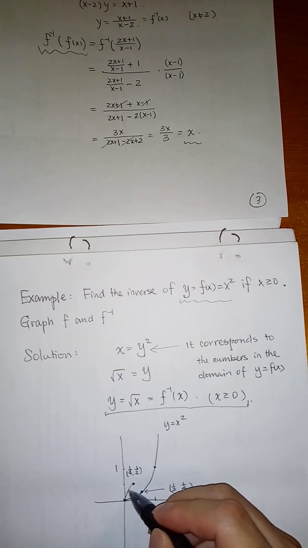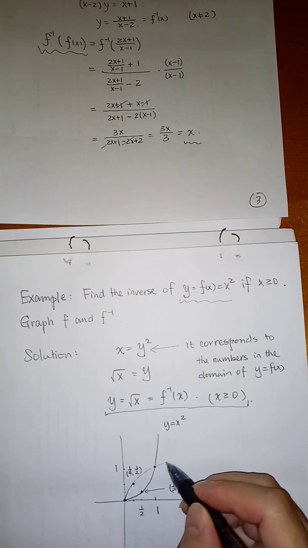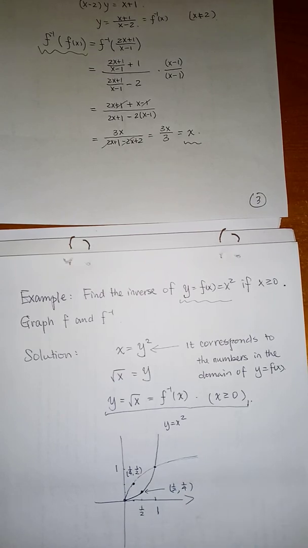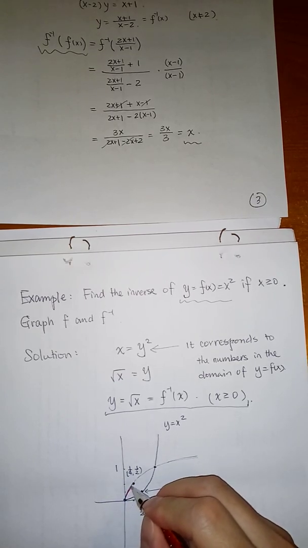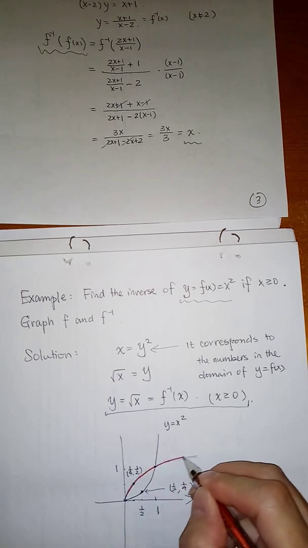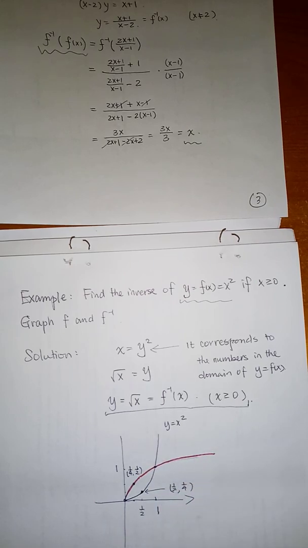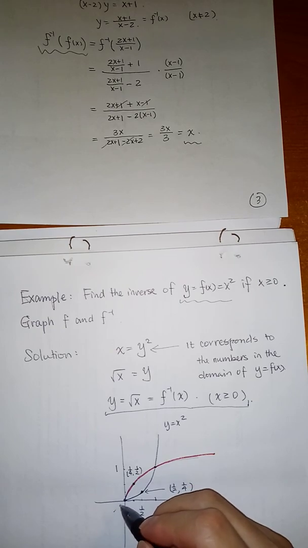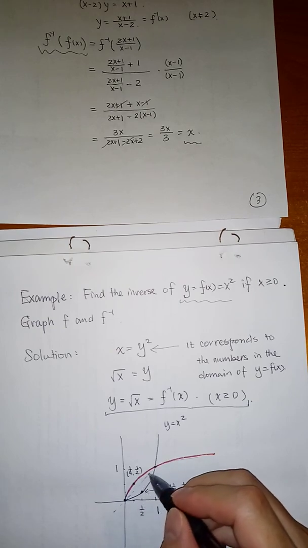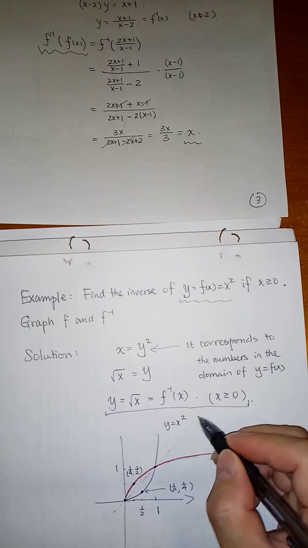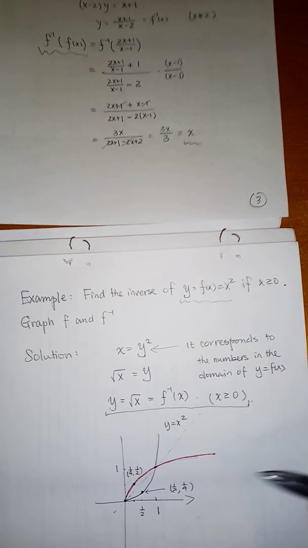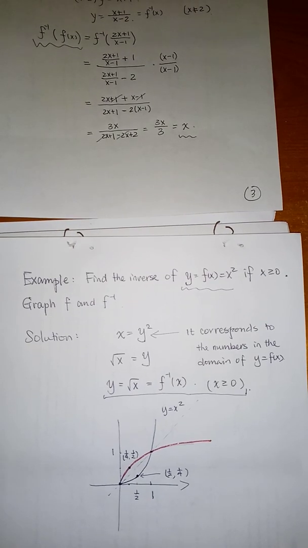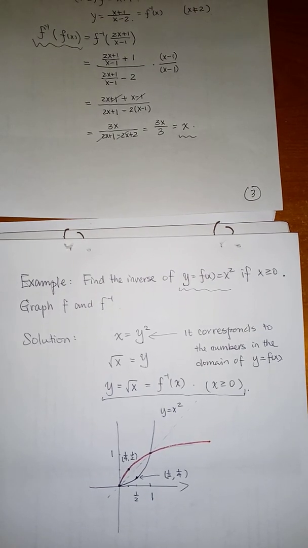So it's like this. And (0,0), (1,1), they determine the line y equal to x. So again, the two graphs are symmetric with respect to the line y equal to x. This is always correct.